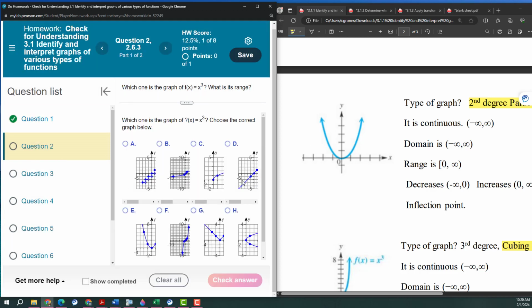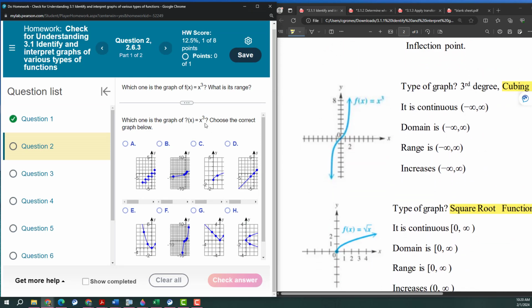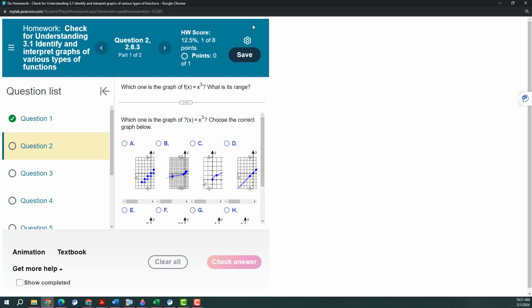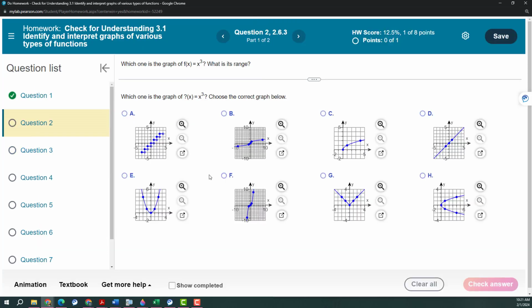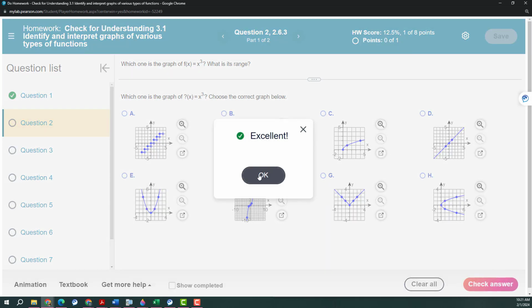Number 2, you will have a question like this one, and we're looking at f of x equals x cubed. So this is going to be our graph for this one. So let me make this bigger so we can see. Looks like we are looking at graph F. That's the only one that matches.